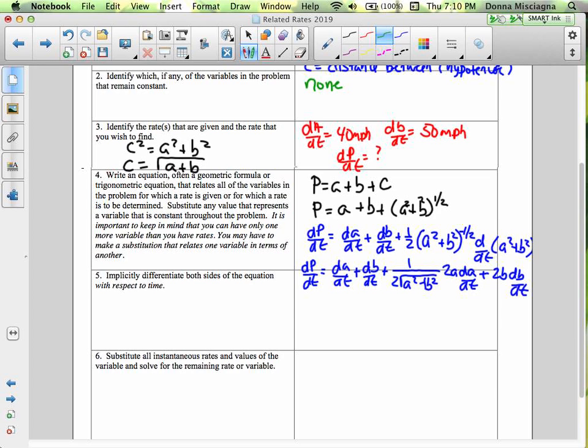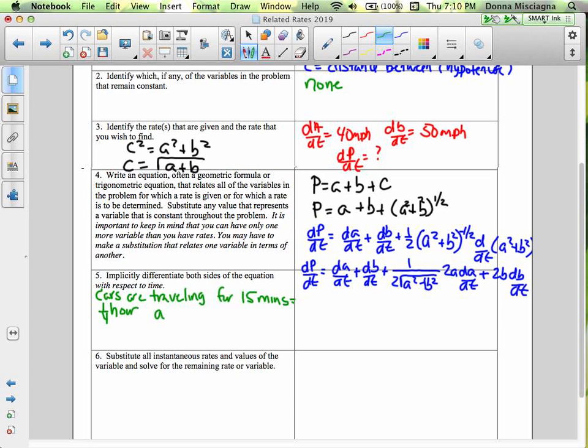Well, the cars are traveling for 15 minutes, which is 1/4 of an hour.